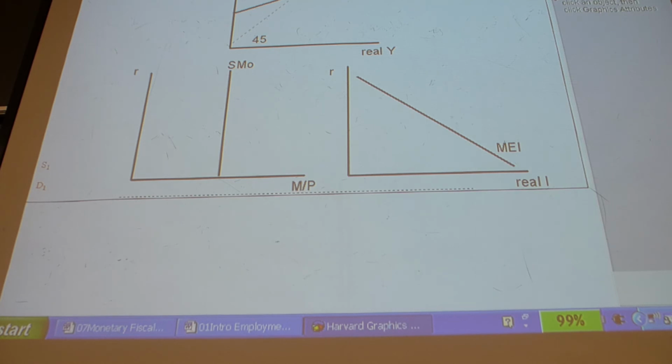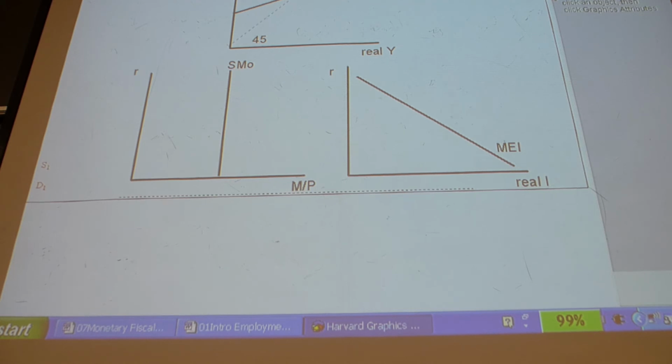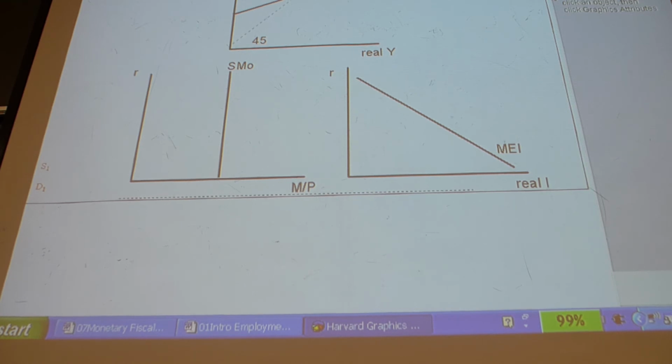I'm separating out one part of autonomous expenditure, and that's I0. That's the investment that's a function of the interest rate, because that's the only thing that's going to change autonomously here. We could change government spending. That's in here too, but you'll see that in a minute.